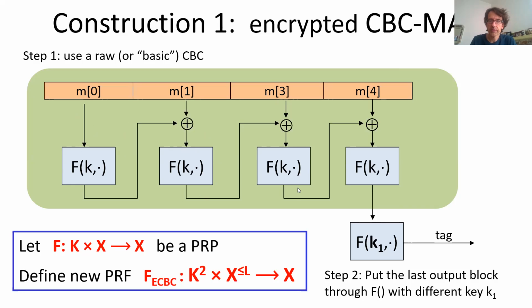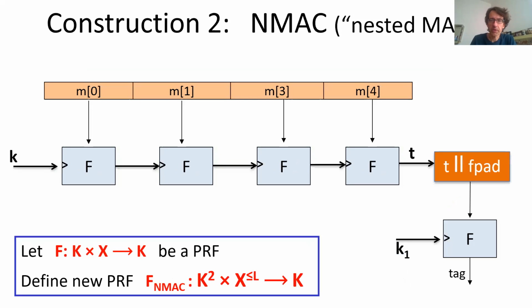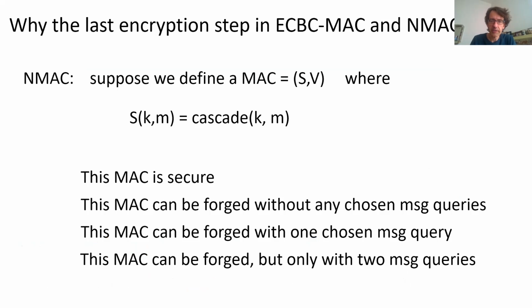And therefore, the output will also be predictable to the attacker. So the attack is more complicated than in the case of cascade, but not much more. Okay, and you can reconstruct it.